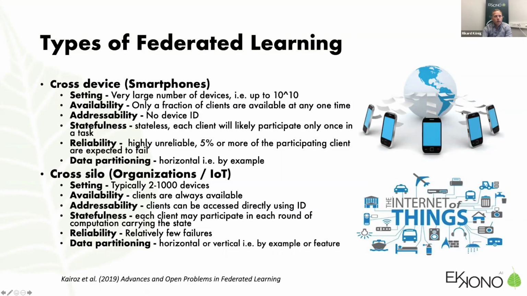If you want to be technical, you can divide federated learning into two types. The most common type when you start Googling federated learning is cross-device federated learning. And that's all about using smartphones. Google, for example, has its next word prediction when you write something in Gmail, which is based on federated learning.